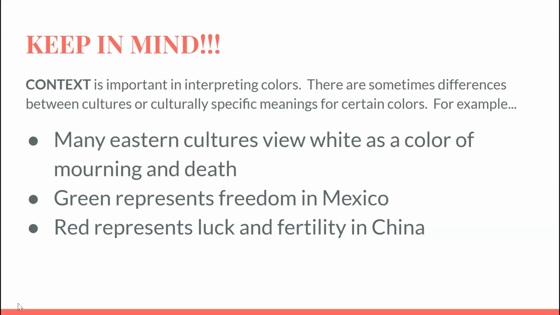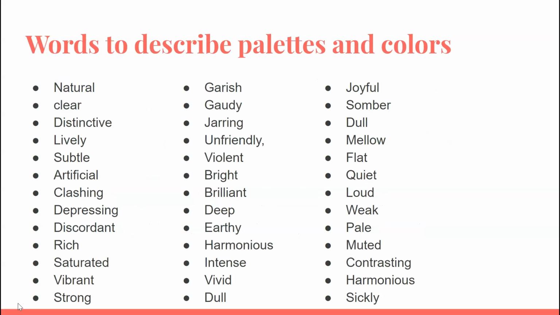Or, for example, green represents freedom in Mexico. That's a very highly culturally specific example. And then red represents luck and fertility in China. And these are just a very, very small few examples of these different culturally relevant differences in the way colors are perceived or what they symbolize.